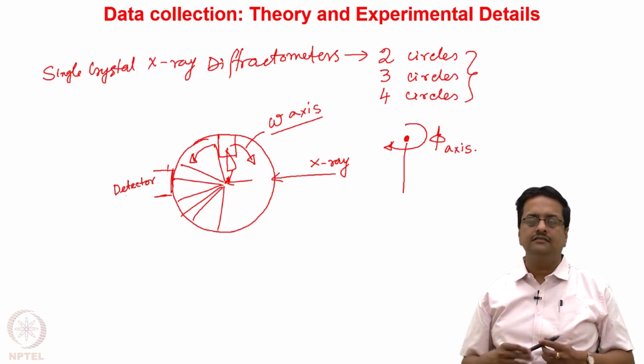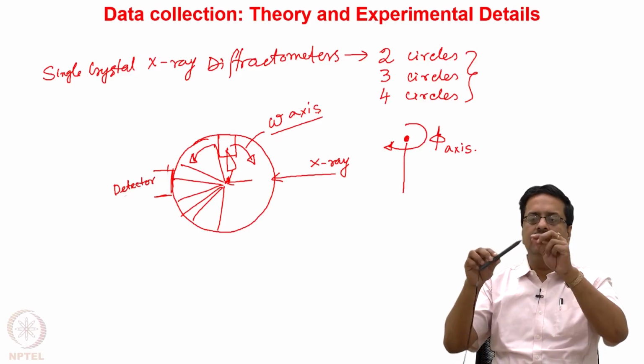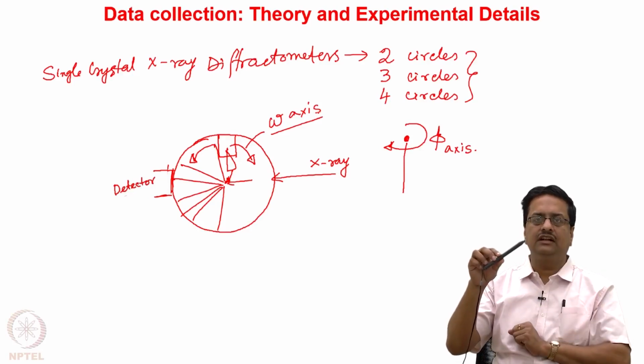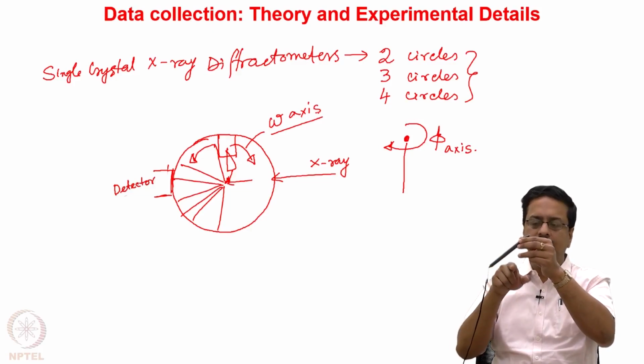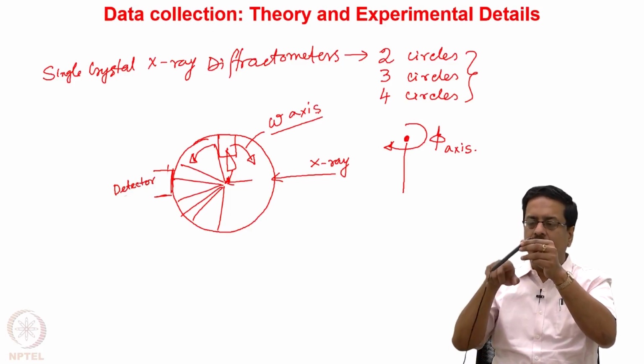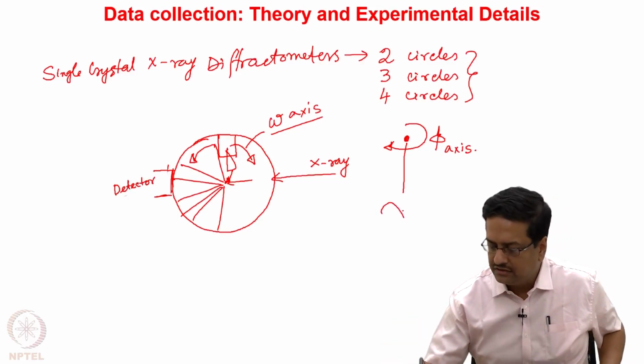And then this goniometer head, at the tip of which you have the crystal, makes an angle with the horizontal plane. That particular angle is called the chi axis.